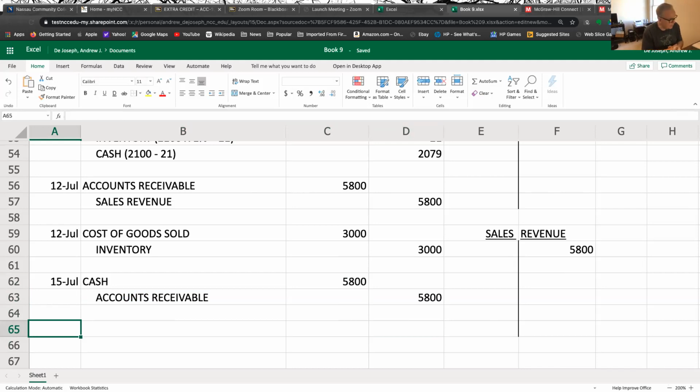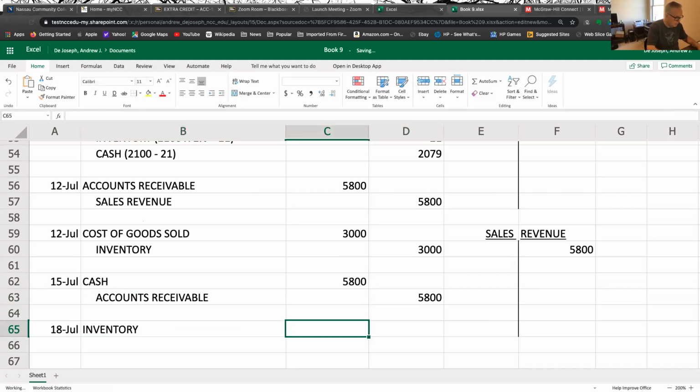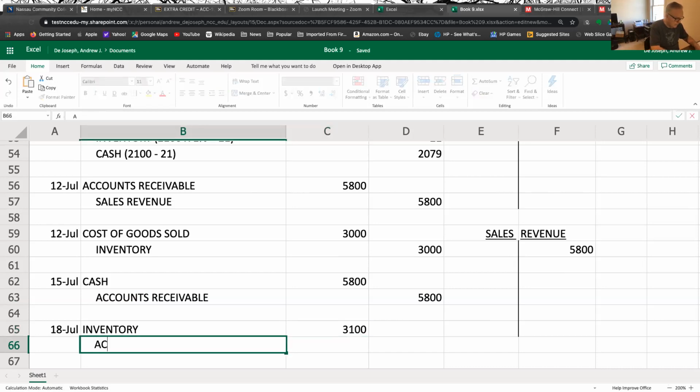All right, now what are we going to do? We're up to July 18th, and July 18th, we're buying again, right? What did it say, July 18th? Purchase CDs on account from Music Supply for $3,100. That's debit inventory. And credit accounts payable.